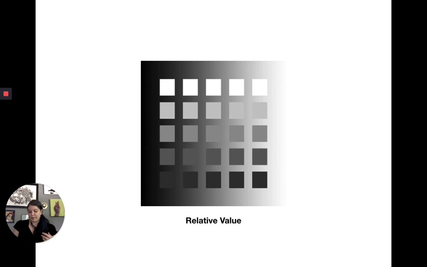Other than altering our perception of value, the background can also impact things like communication and expression. Communication and expression are affected by value contrast, which means the amount of difference in values.